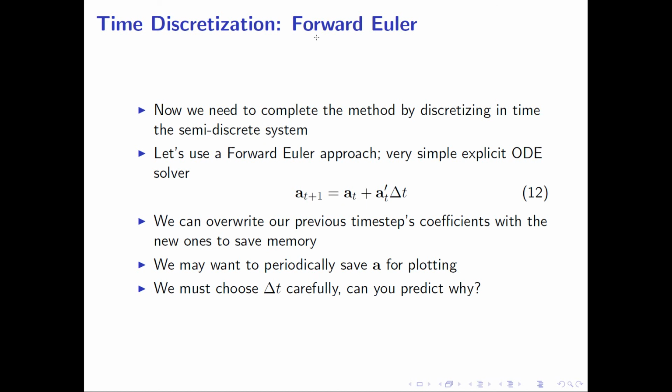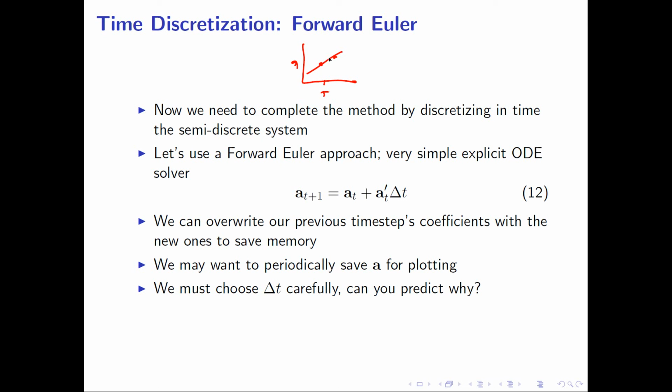So we'll use a very simple forward Euler approach. The forward Euler is what's called an explicit method. So in other words, we have our value at a particular time, and we just simply march forward in time boldly using our known rate of change of our solution approximation.